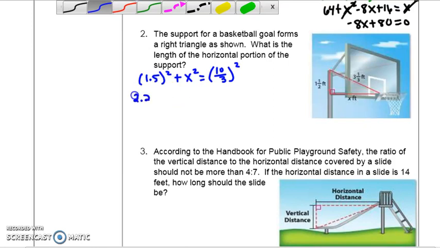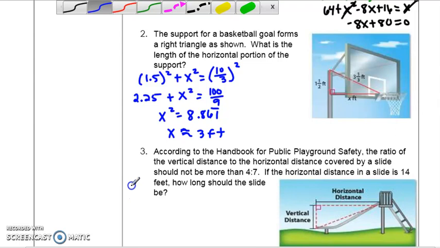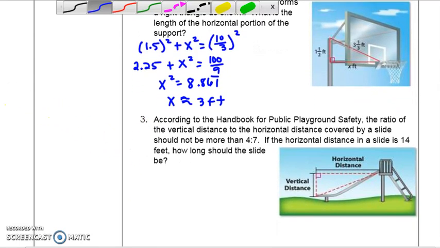So this is 2.25 plus x squared is equal to 100/9. And then we're going to go ahead and subtract that. So x squared is equal to 8.861. And so x is about 3 feet. 2.9767, so we'll just say about. Okay.